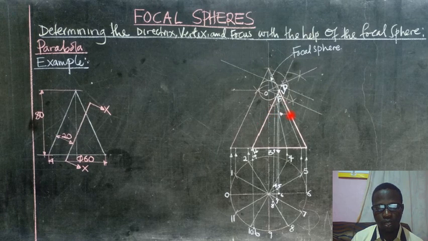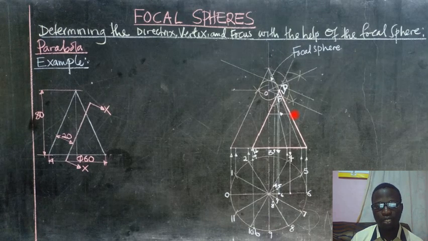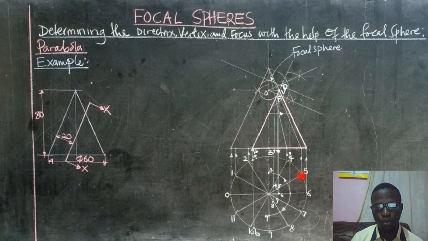Now when you draw it, it must reach the slanting edge. At that point, we can project it downwards to the center line of the circle. And having obtained that point, we can now project the arc using the center of the circle so that we can obtain 3 and 9.